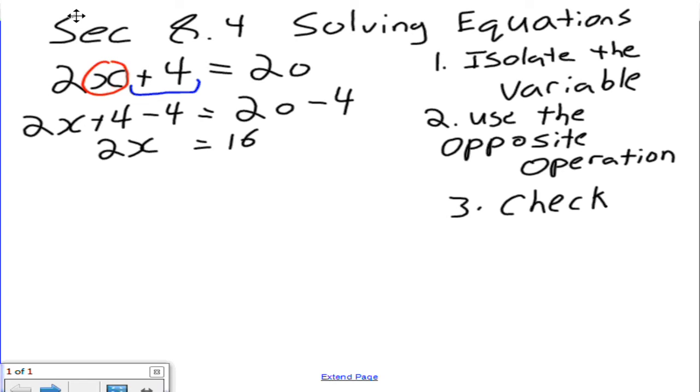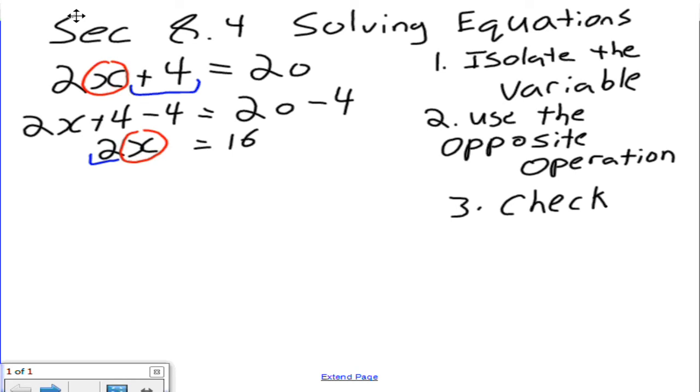Again, I still have a number on this side. My variable isn't alone. I want to isolate my variable. That means I want to get rid of the 2 here. Now, what operation is that? If it says 2x, multiplication. The opposite of multiplication is division.